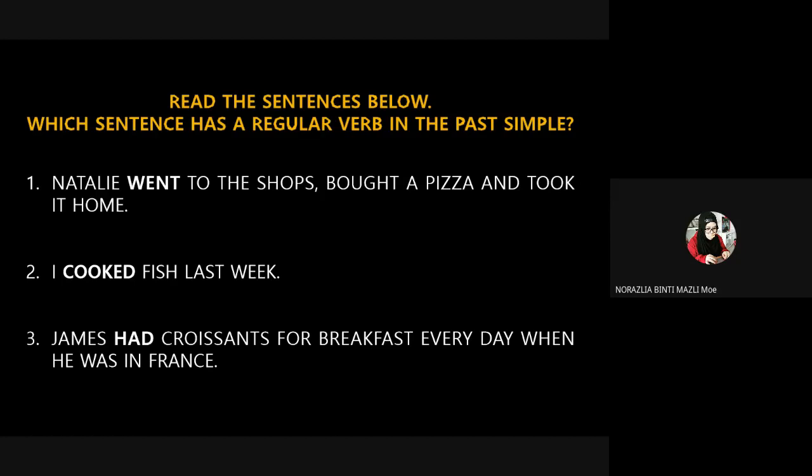Now let's ask someone else. Okay, Muaz. Does it have ed or not? Regular verb, an ordinary verb, yes it has. Okay, now Muiz says no, Muaz says yes. Damia, Dawisha, what do you think? Regular verb with ed or without ed?